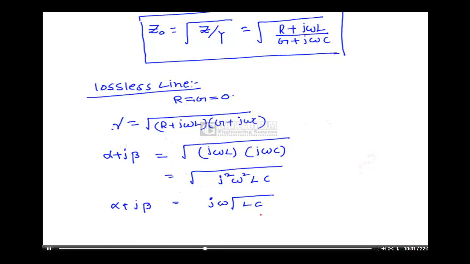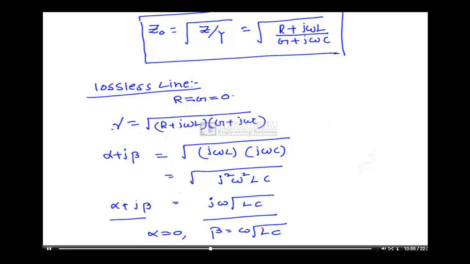If you compare the right hand side to the left hand side, what can we get? Alpha is equal to 0, whereas beta is equal to omega root LC. That is, for a lossless line, the attenuation constant is equal to 0.